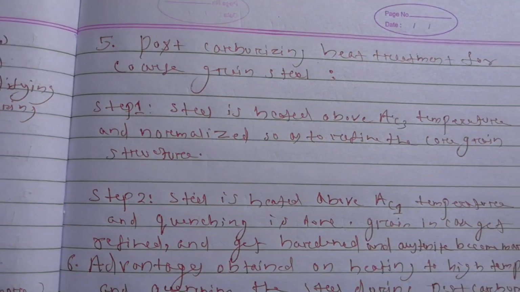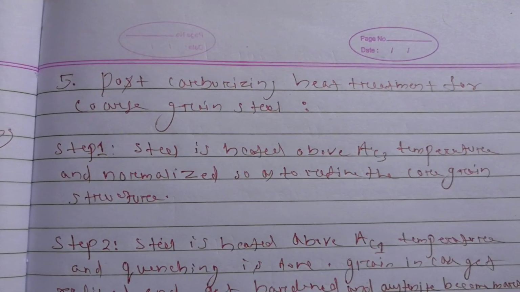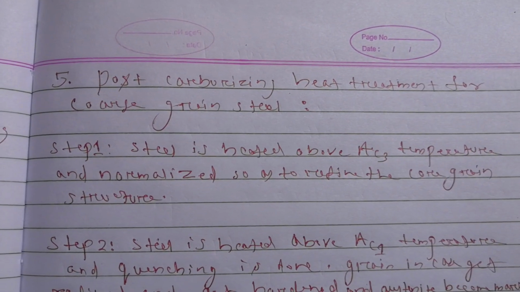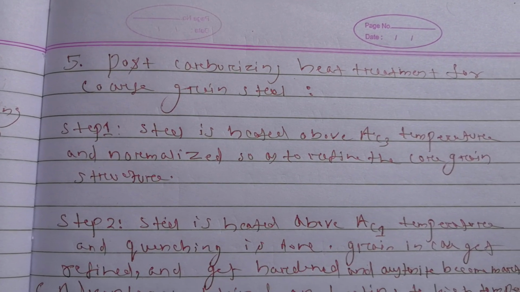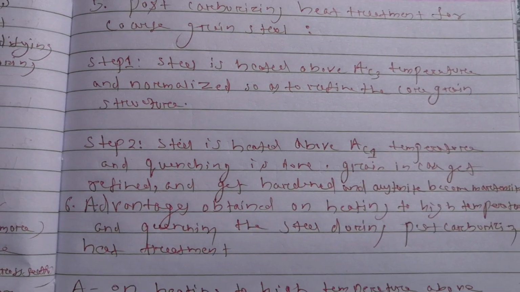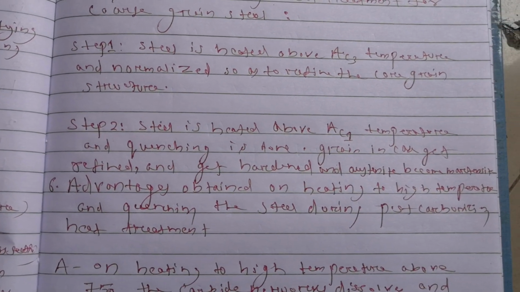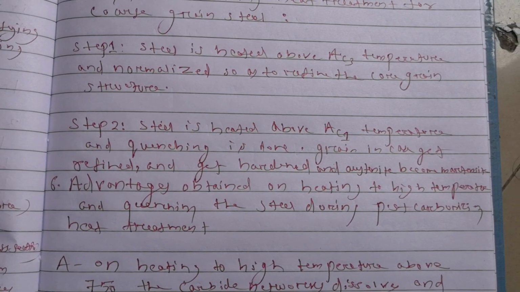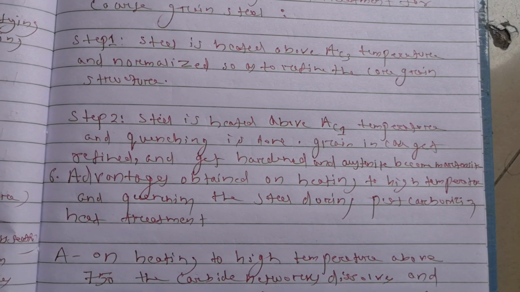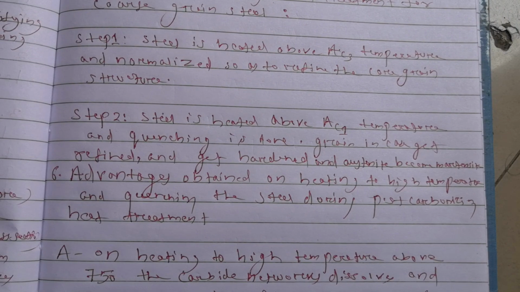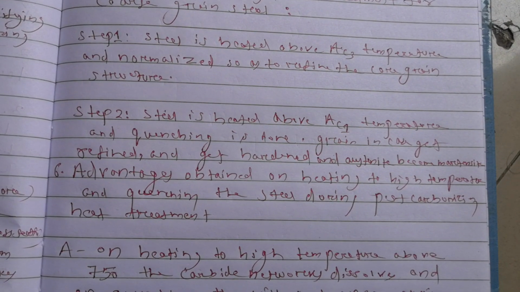But the condition becomes different when we do post carburizing heat treatment for coarse grained steels. In case of coarse grained steels, it consists of two steps. The first step is that the steel is heated above the AC3 temperature and normalized so as to refine the coarser grain structure.